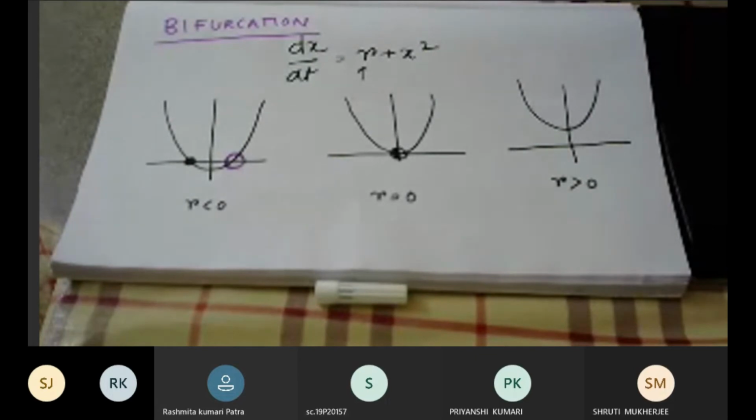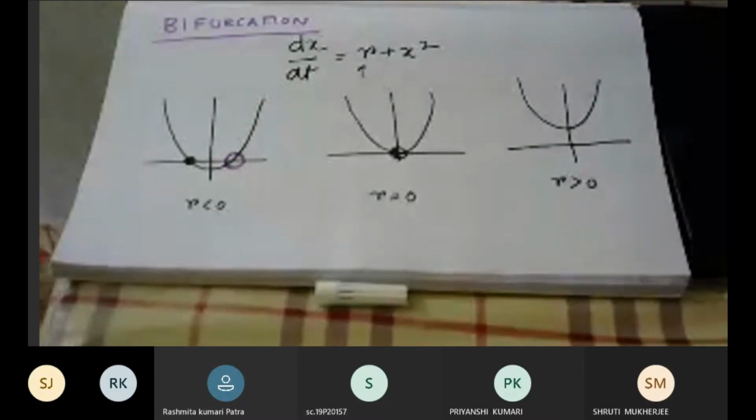So what will be the definition of bifurcation or bifurcation points? The definition in general would be that several times it happens that in our dynamical systems, the behavior of the system is dependent on a certain parameter. So the entire picture of bifurcation points is based on dependence on parameters.